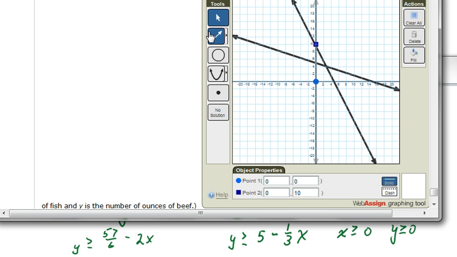And then go back one more time and get the X-axis, which will be 0, 0 and 10, 0.